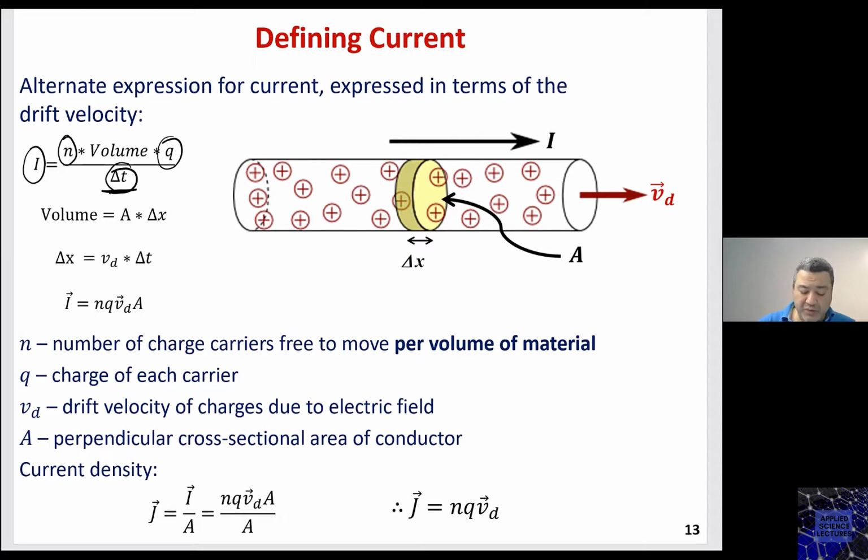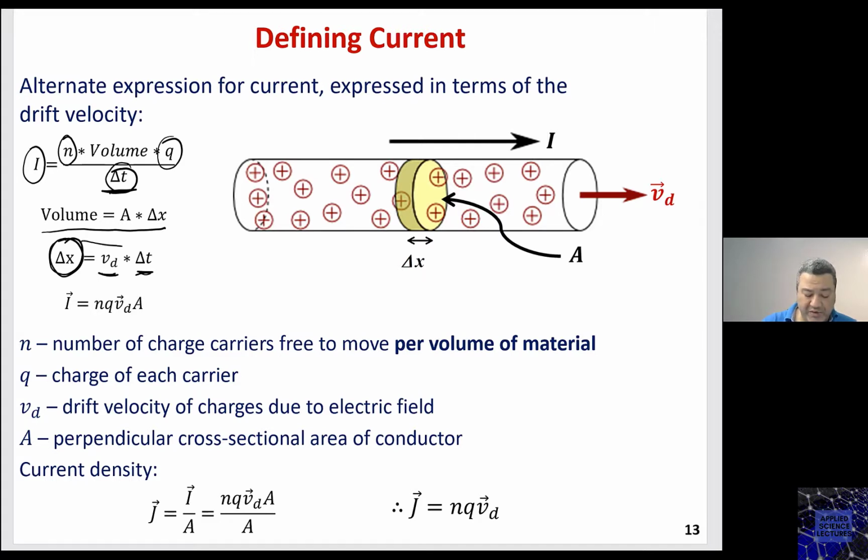Now, if we look at this volume, the one we are interested in, it has a thickness of delta x and a cross section of A. So I substitute this volume with A times delta x, and delta x equals the drift velocity times delta t.